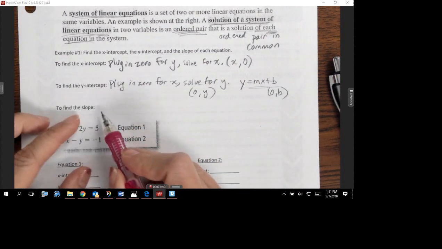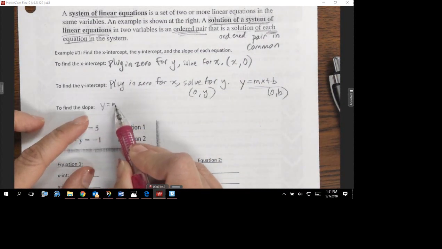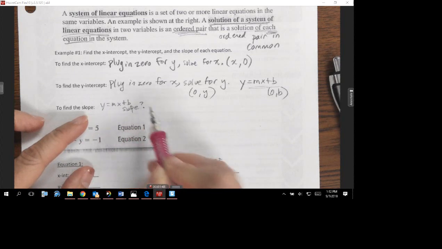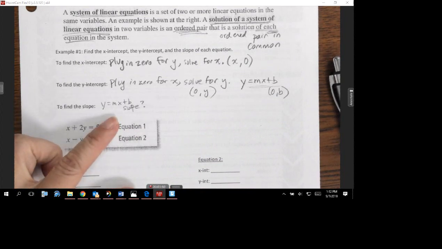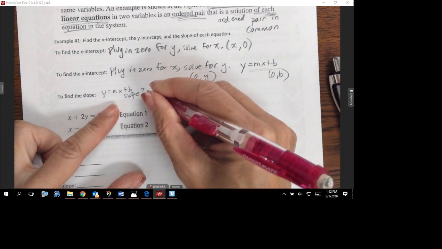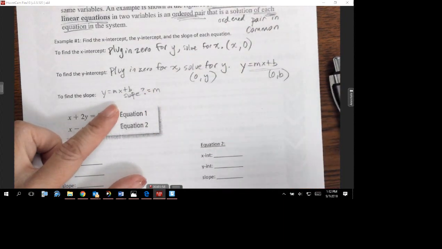And then to find slope, if it's in the form of y equals mx plus b, what would be our slope? If it's in this form, slope is m. But what if it's not in that form? There are lots of different forms.